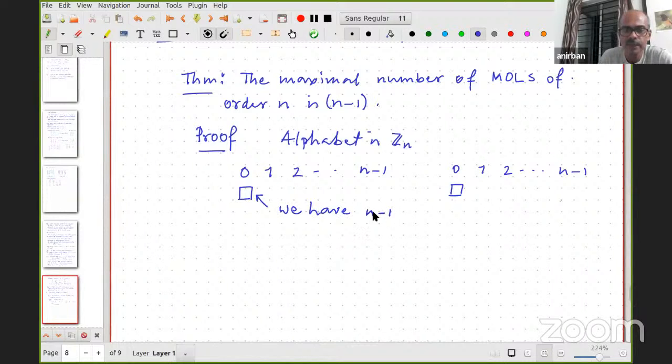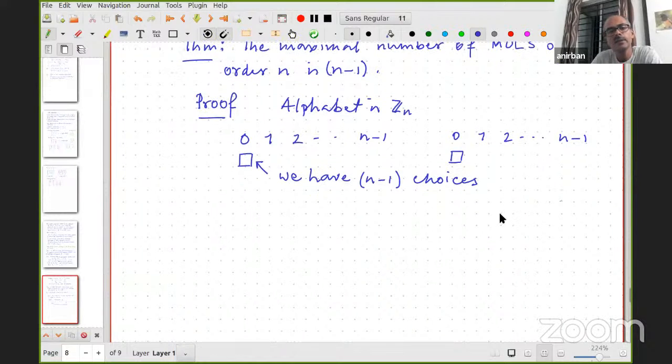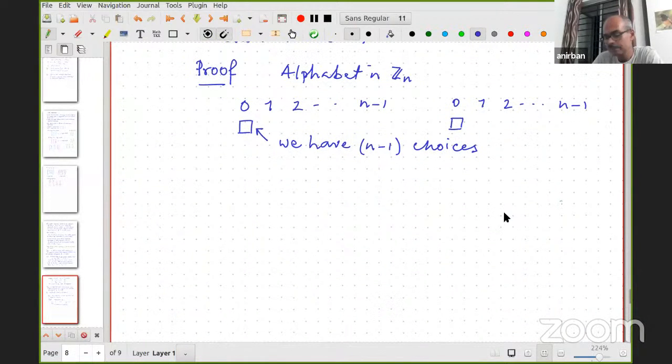So we have n minus 1 choices to fill this place. And that's the reason the maximal number is n minus 1. And for a given n, there may not exist n minus 1 many, it may be less. In fact, that's a difficult problem.